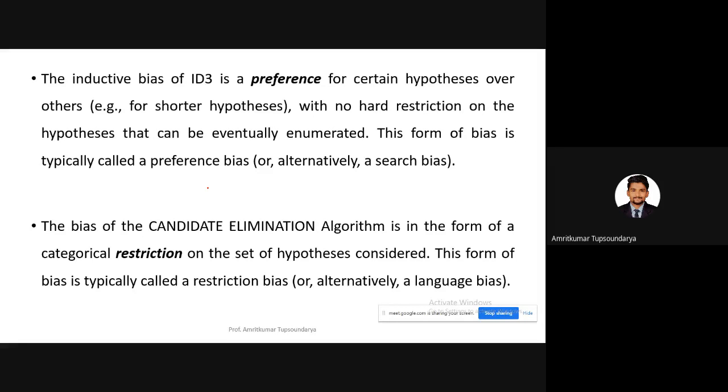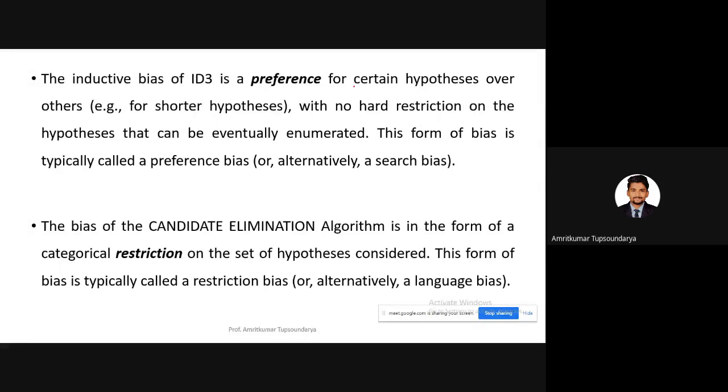The inductive bias for ID3 is basically a preference bias, and with the candidate elimination algorithm, the type of inductive bias we have is the restriction bias. Now, what is this preference and what is this restriction? For inductive bias that is a preference, what kind of preference is that?